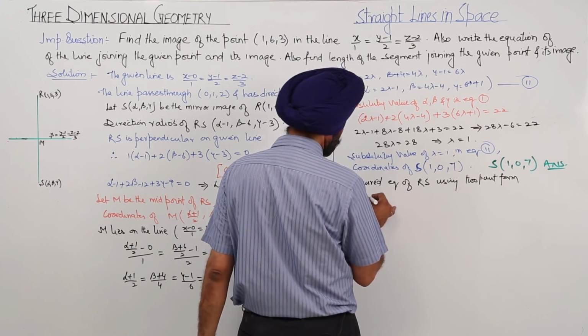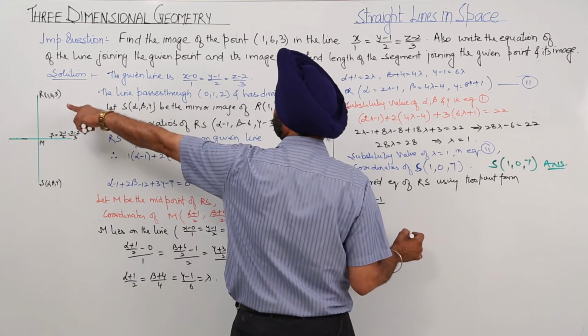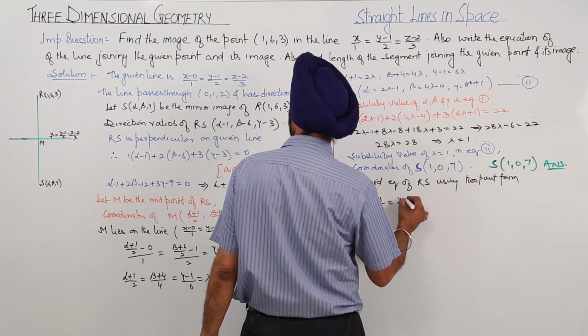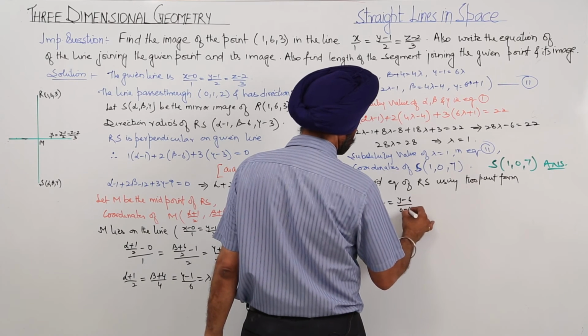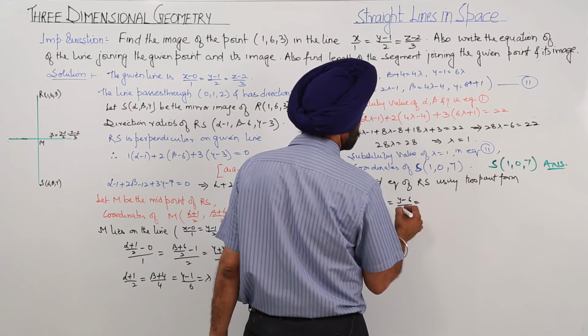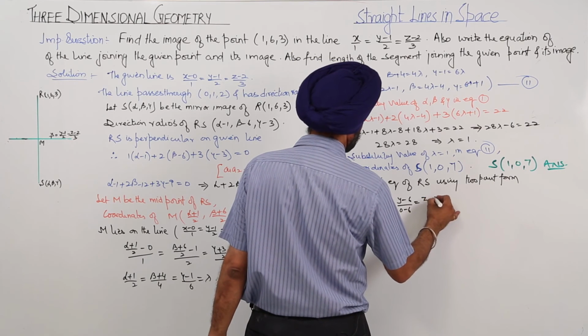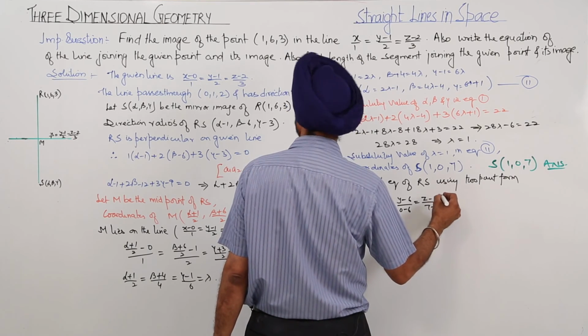So we have x minus 1 upon 1 minus 1 is equal to y minus 6 upon 0 minus 6 is equal to z minus 3 upon 7 minus 3.